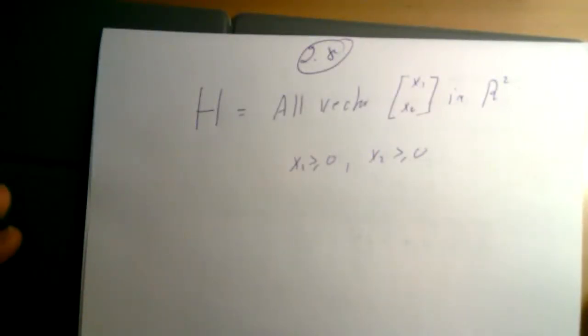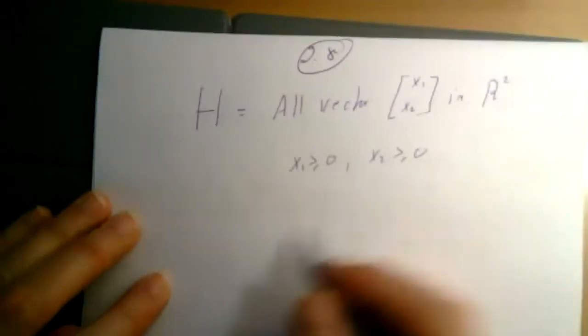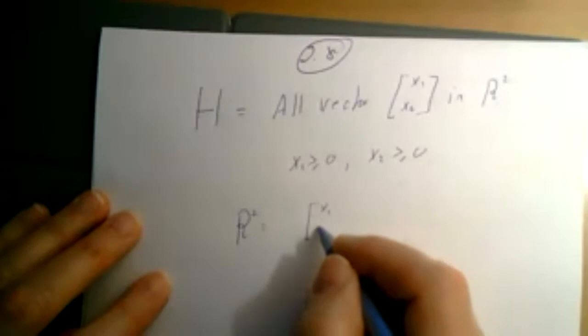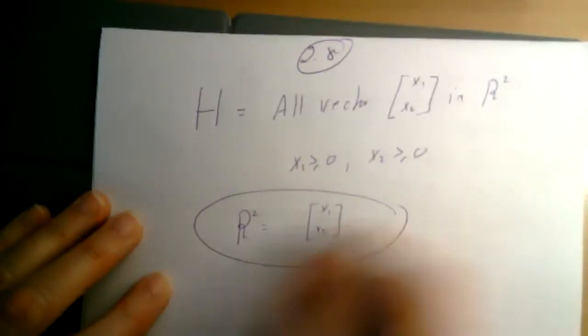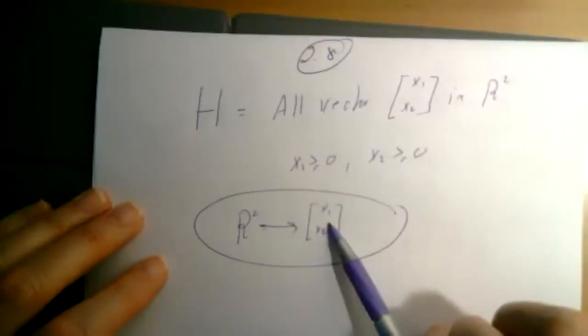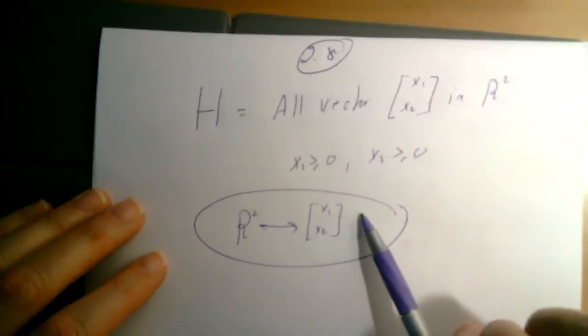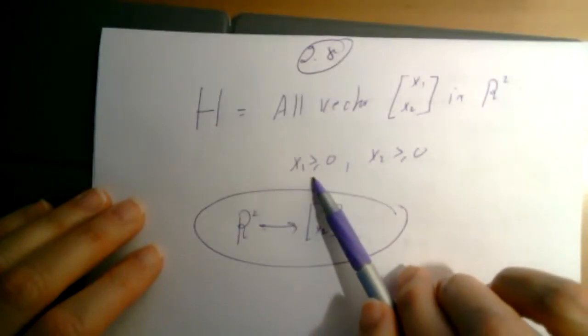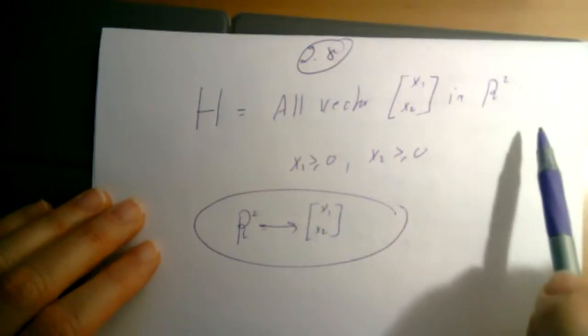Of course, R2 for us is all ordered pairs, all of them. H is not all of R2, but specific vectors in R2, specific vectors that satisfy that the first component is positive and the second component is positive.